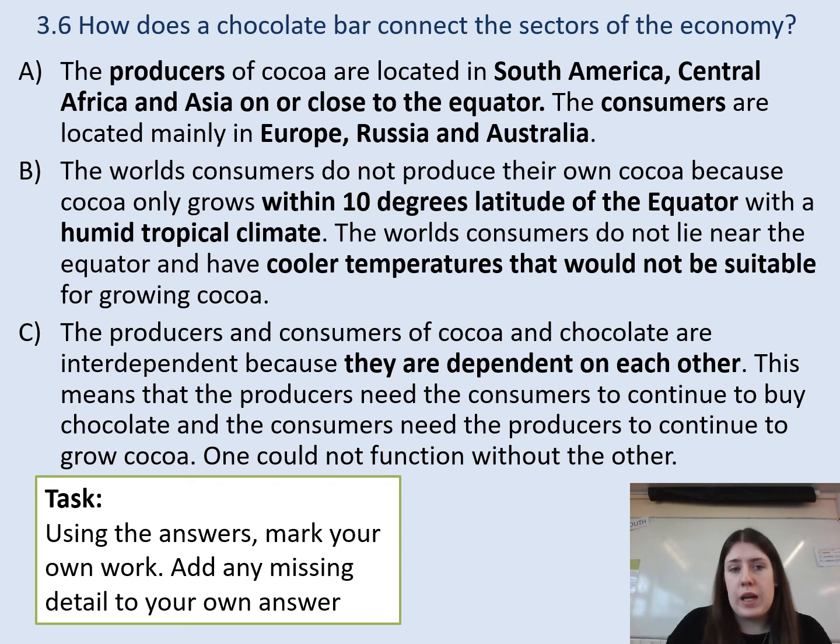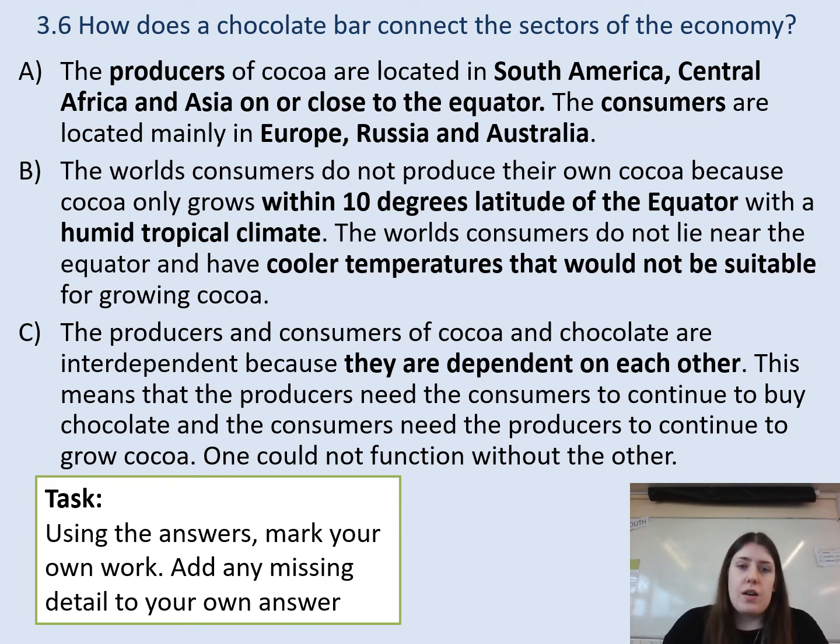Question B was why are the consumers not growing it themselves? It's because the world's consumers can't do that because they aren't close to the equator. If you look at somewhere like the UK or Switzerland or Russia, we are further away from the equator than places such as Ghana and Brazil.